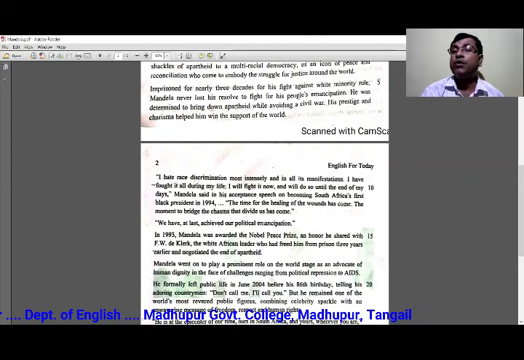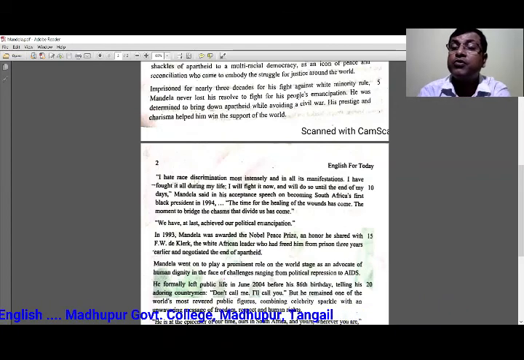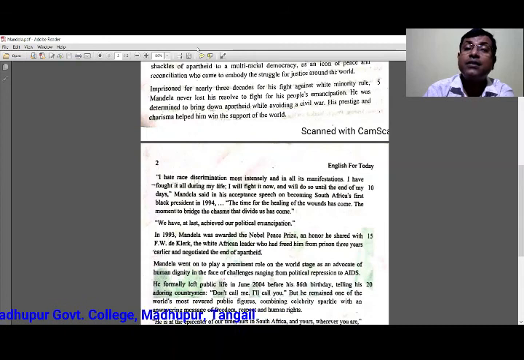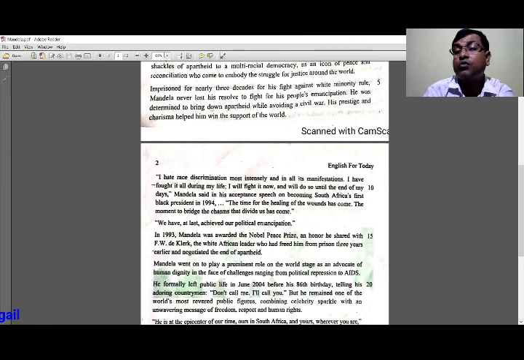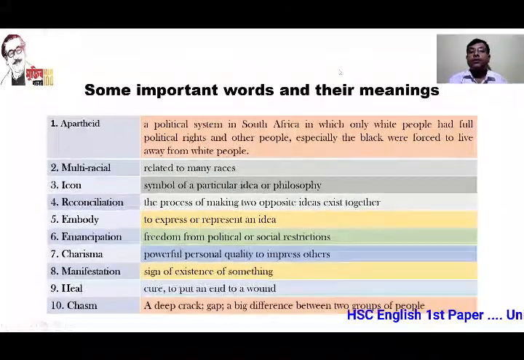Unless you know the meaning of these words, it will not be possible to understand the text very clearly. So I will show you some difficult words or important words, and I will also explain them so that you can understand their meaning. So, dear students, to see the important words, let's move to the other slides.